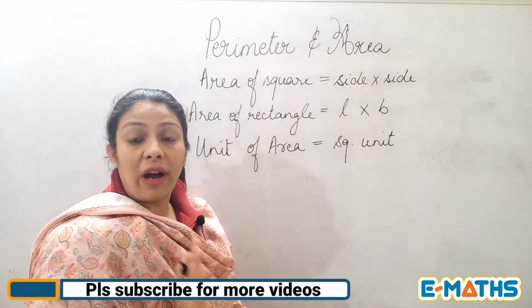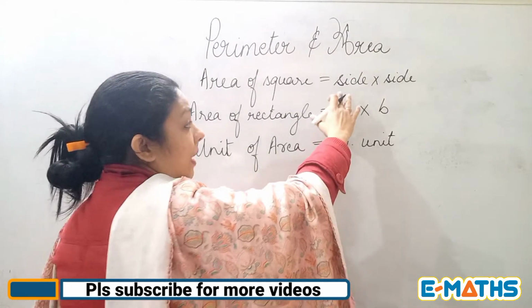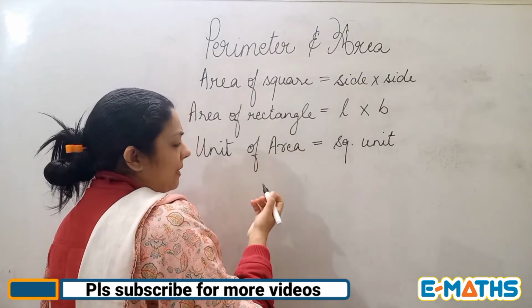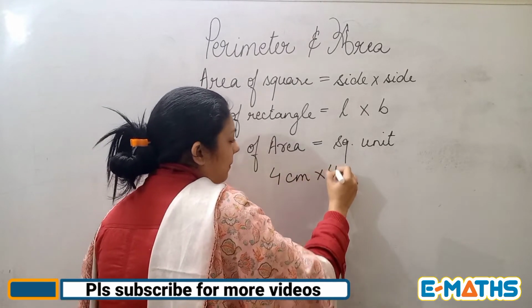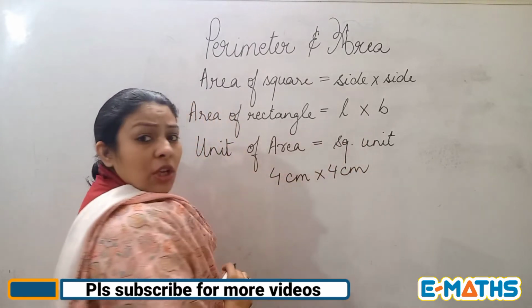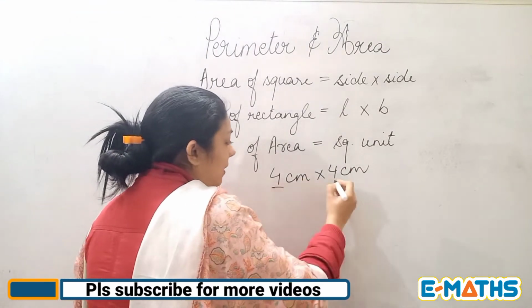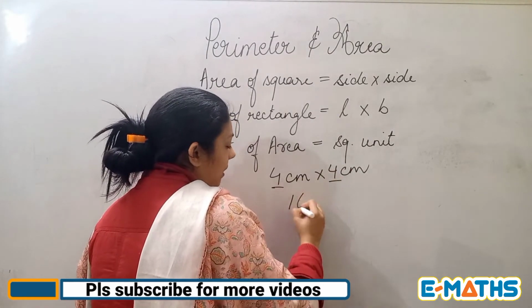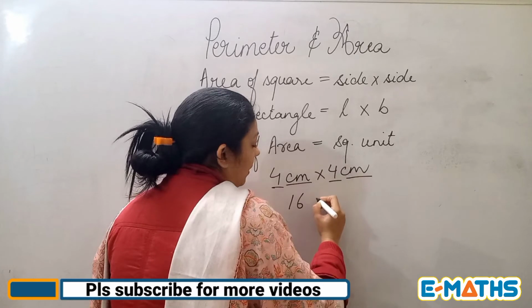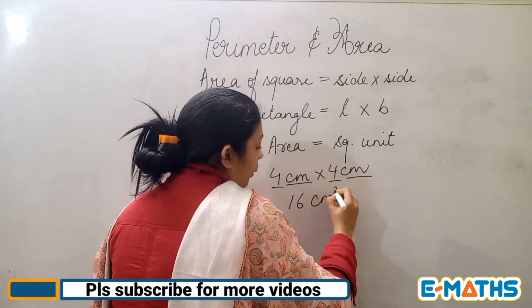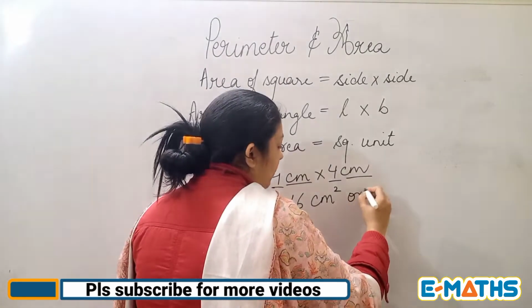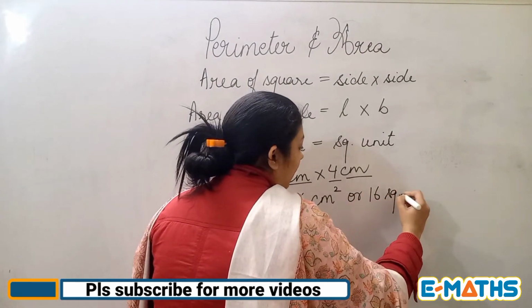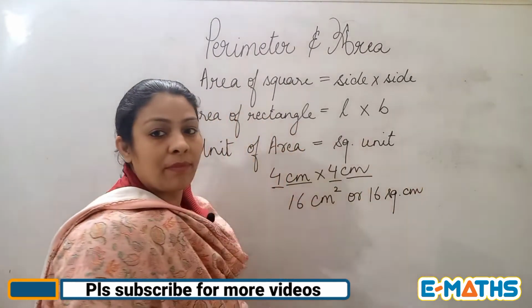Now I'll tell you why we take square unit. We are multiplying side by side. Suppose let's take an example of 4 centimeters multiplied by 4 centimeters. Here I am not only multiplying the numbers, 4 4s are 16, but we are also multiplying the units. So you can write centimeter square, or this can also be written as 16 square centimeter.